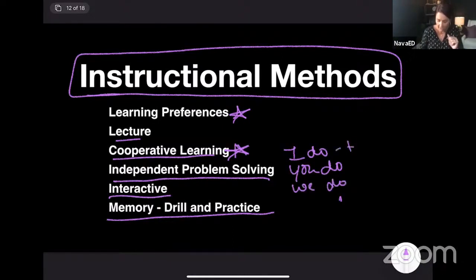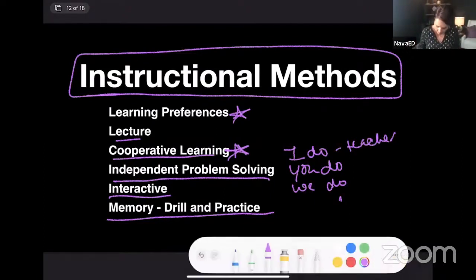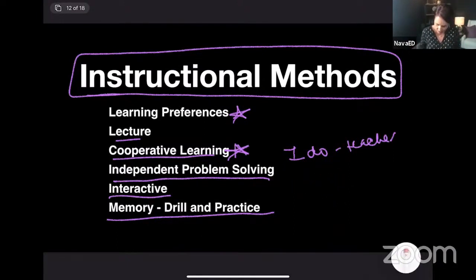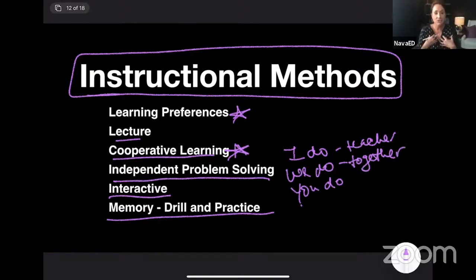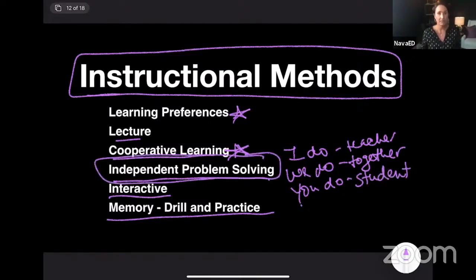I do as the teacher, I show you in a lecture format or explicitly. We do is we do it together, after I model it as the teacher. And then you do, the student does it by him or herself. That's the independent problem solving, the gradual release method.